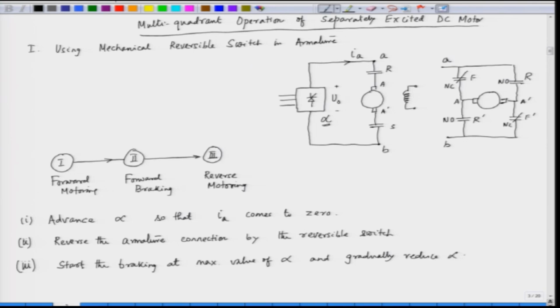So, what we do here is alpha is started at a maximum possible value, and to brake the motor at constant current.